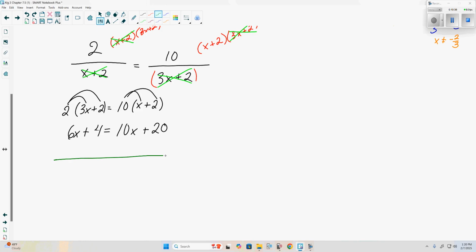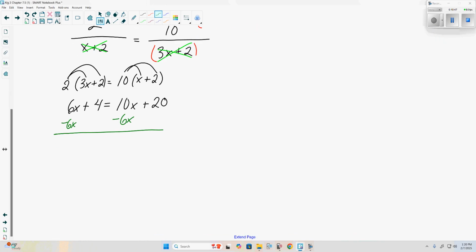What can we do next? Yeah, so we can minus 6x from both sides. We can minus 4. I wouldn't minus 4 because we're trying to get the x by itself, yes? Minus 20.